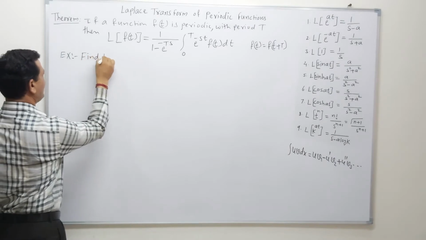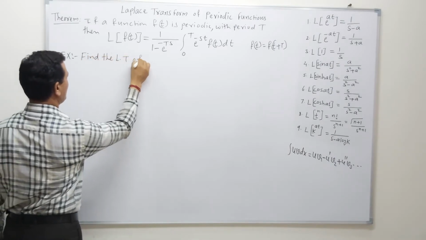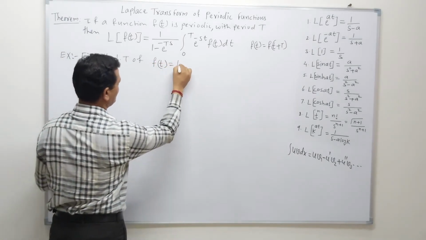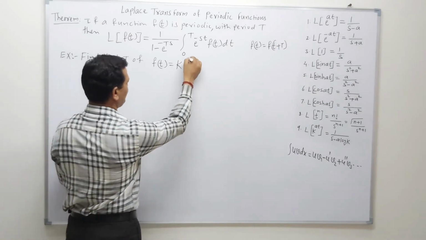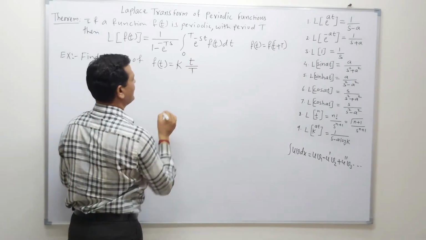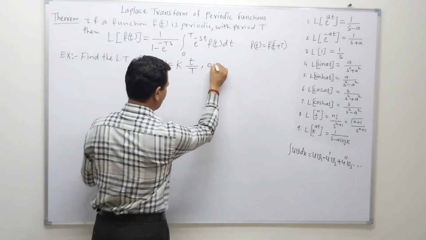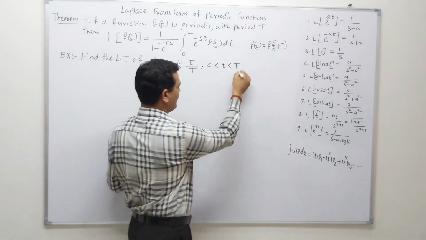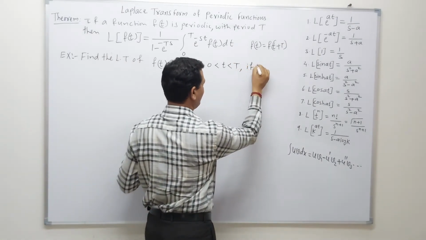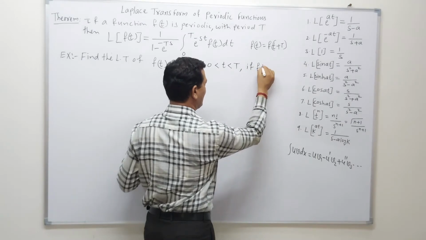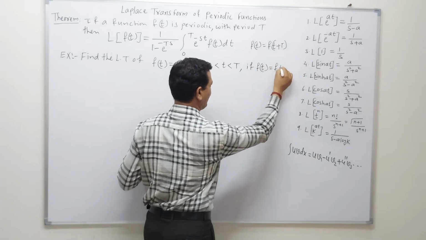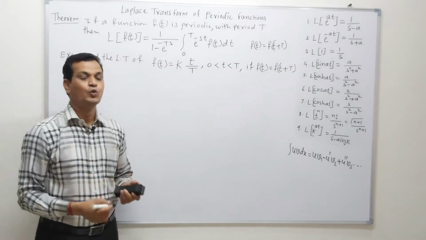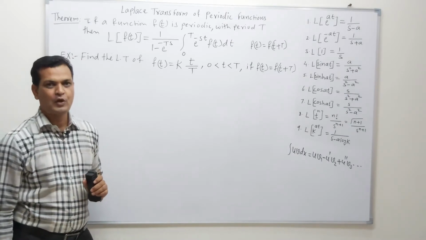Question is, find the Laplace transform of f of t is equal to k, which is constant, into t upon capital T. Then period for this function is 0 is less than t, less than capital T. And the value of f of t is equal to f of t plus capital T. So now in question paper, how to know that this example is based on the periodic function?